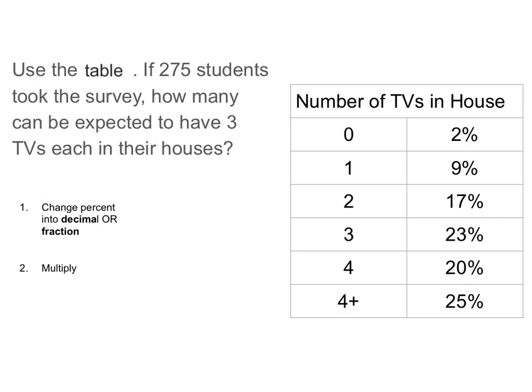So we're going to use the table. If 275 students took the survey, how many can be expected to have 3 TVs each in their house? So we're going to look at this table here. So we know that there's a total of 275 students. And we're looking at the number of TVs in the house, which is 3, right?